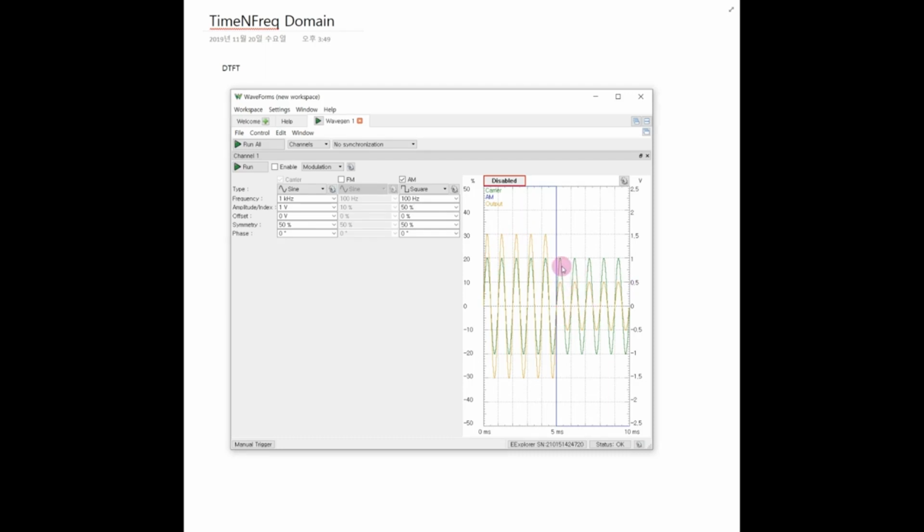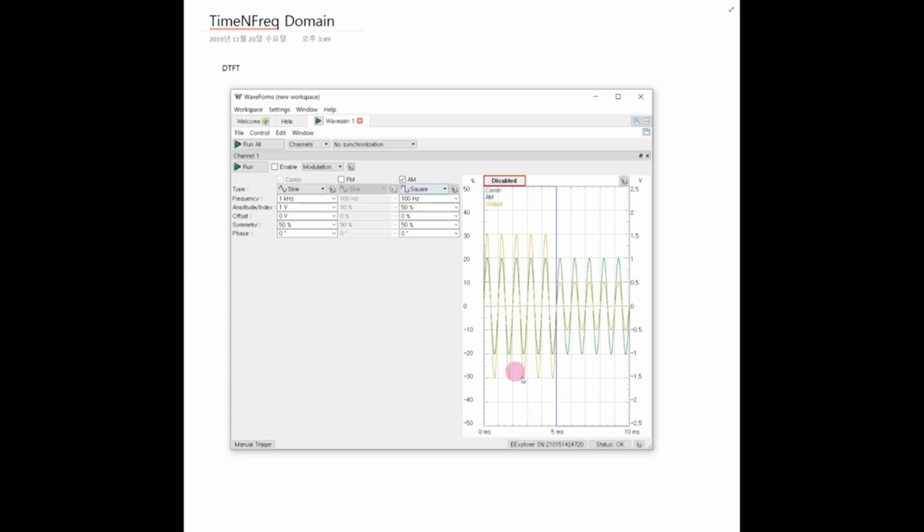You know, the blue one is the carrier frequency, the original sinusoidal signal. But by modulating the AM signal, this part is increased 50%, but this part is reduced 50% of the original carrier signal. So the original carrier amplitude is 1. But by using the 50%, 1 over 0 is the data part.